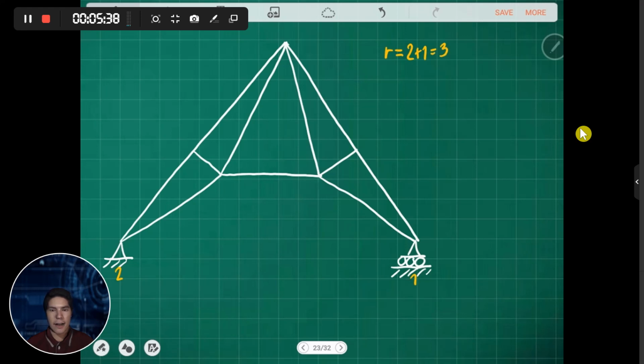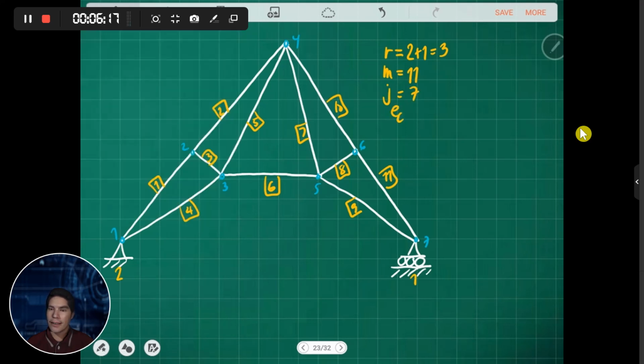And then the number of members, we have 1, 2, 3, 4, 5, 6, 7, 8, 9, 10, 11. So we have 11 members. For the number of joints, we have 1, 2, 3, 4, 5, 6, and 7. So we have 7 joints.